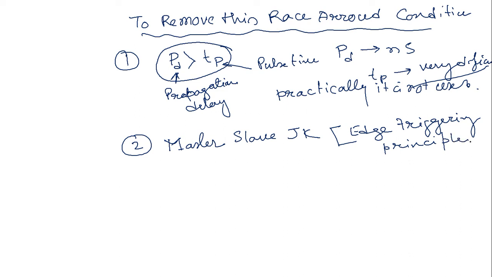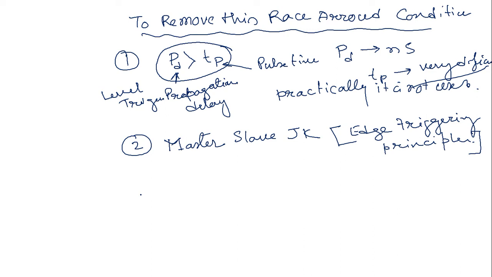Edge triggering principle. In this case we can consider level triggering, but in case of master slave we should consider the edge triggering. So now we know why we should study the master slave flip flop.